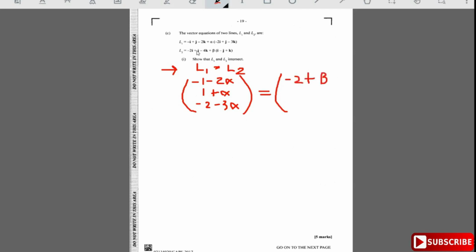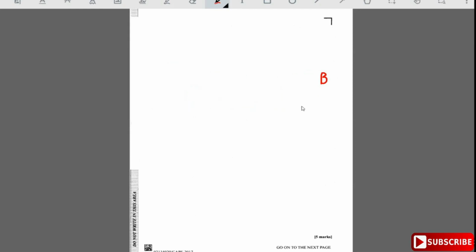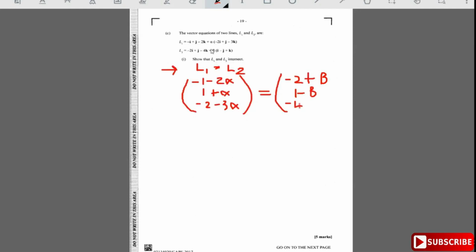Then we're going to have 1 minus beta. And then the third equation, which is the K component, we're going to have -4 plus beta.